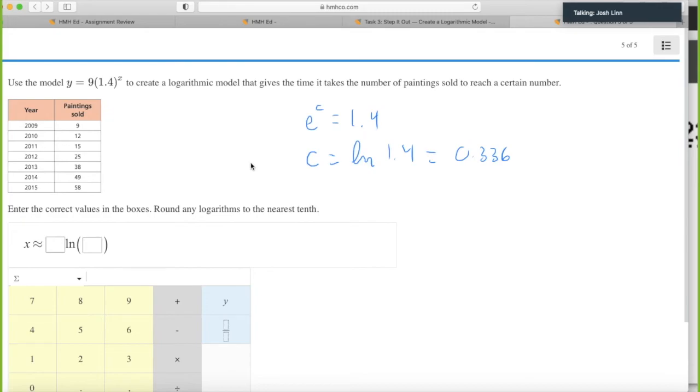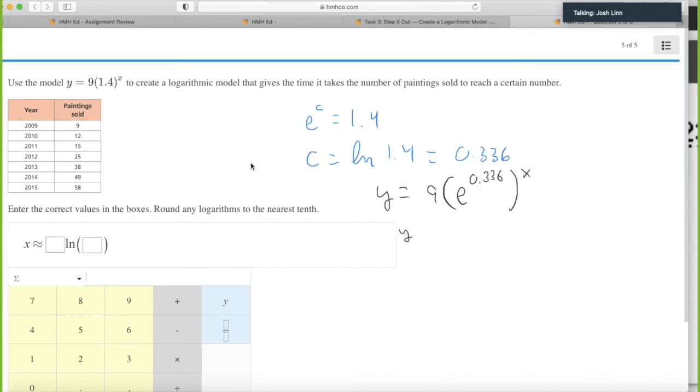Okay, now what? We've got our new equation, y equals 9 times e to the power of 0.336 raised to the power of x. Before we take the natural log of both sides, we should probably get this 9 over.